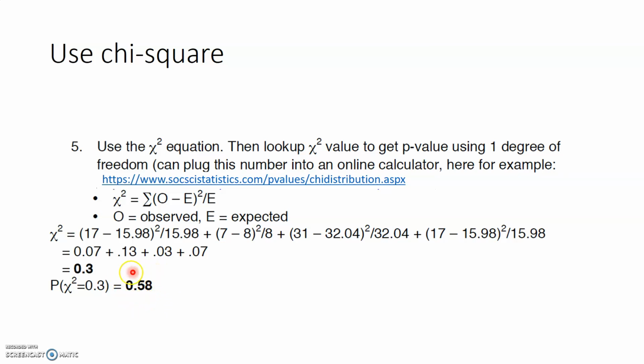Because it's above 0.05, we can say that there's no statistical relationship with this particular SNP related to bitter tasting or not being able to taste bitter things. But if, for example, our expected and observed values gave us a chi-squared with a p-value below 0.05, we would say, yes, this SNP is statistically associated with being able to taste bitter things.